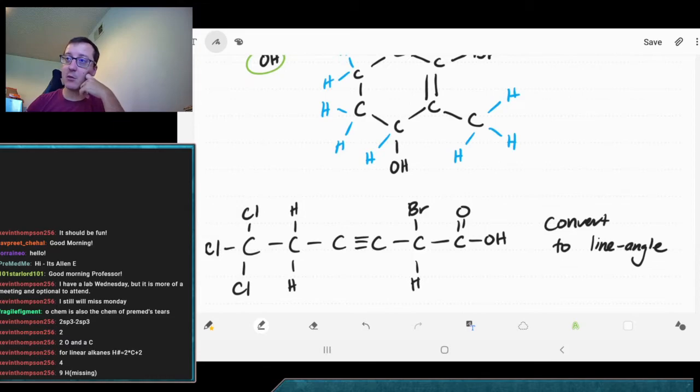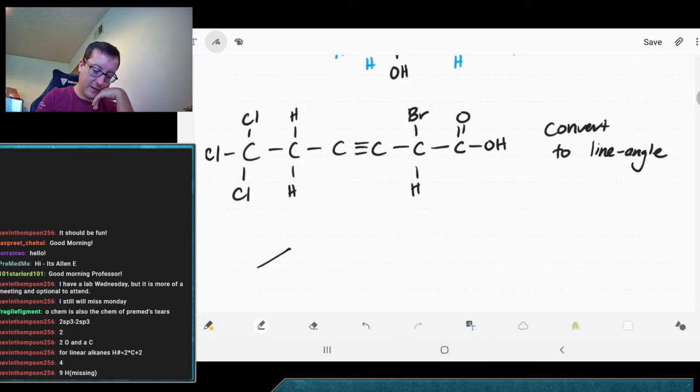So first thing we want to do is let's just see how many carbons we have in our chain here. It looks like 6 carbons in our chain. So we might be tempted to say, okay, well, let's just do that. 1, 2, 3, 4, 5, 6. Ta-da, 6 carbons. But we have a problem here.